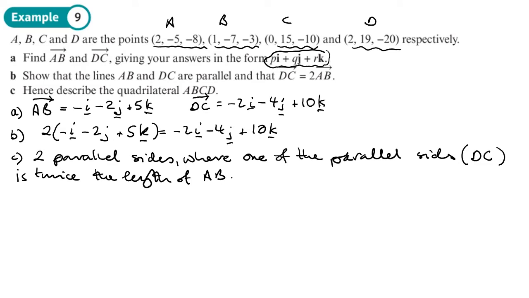So if we've got a quadrilateral that's got parallel sides but they're not the same length, it's got to be a trapezium. So there's my description of the type of quadrilateral it is.